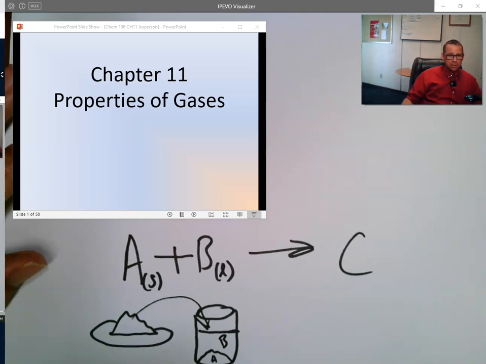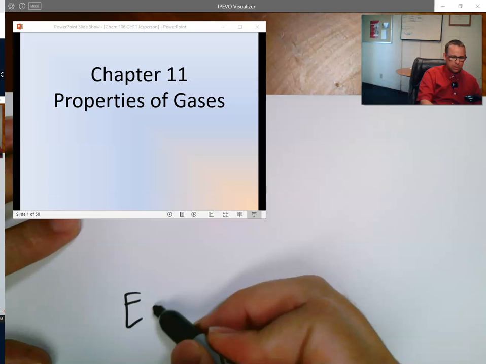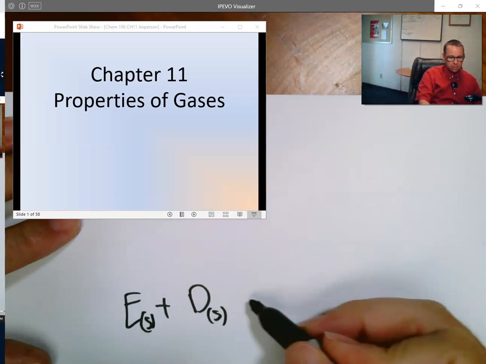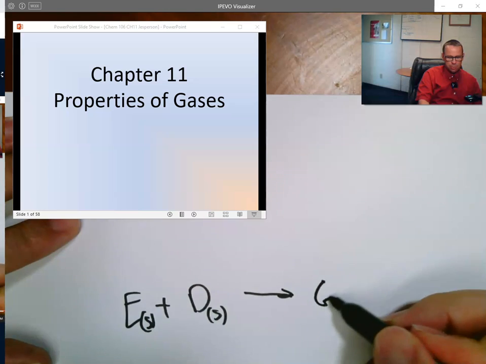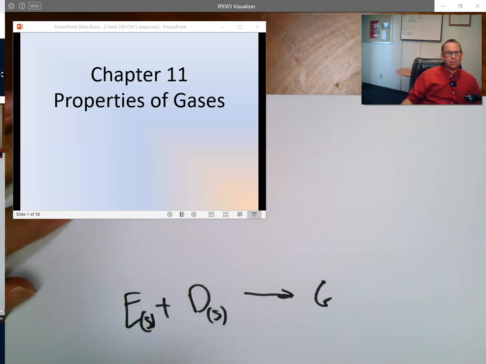And in a different scenario, where we had two different compounds, E and D, both solid, and we want them to come together to form a new compound, that's going to be an extremely unreactive process.